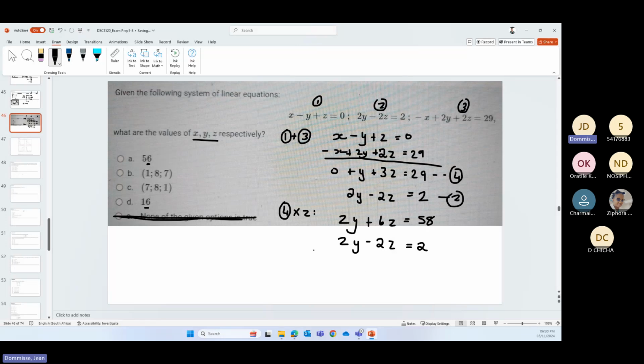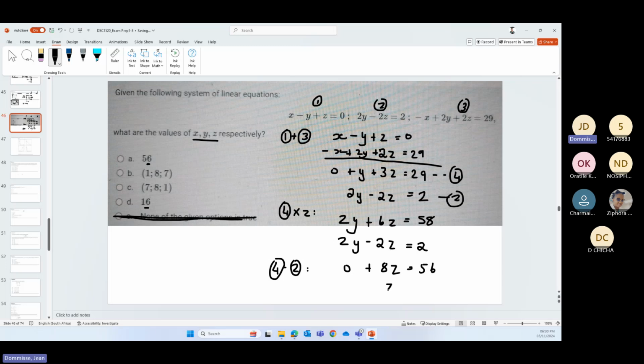So then we can say, okay, let's do that for minus equation 2. So it is a bit long, but now 2y minus 2y is 0. 6z minus minus 2z becomes 6z plus 2z. So that is 8z. And then 58 minus 2 is 56.